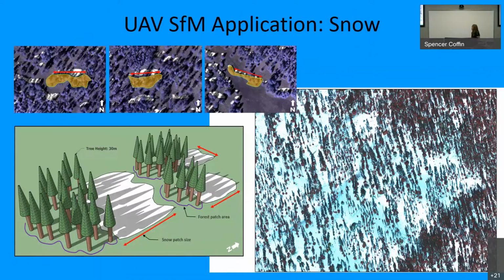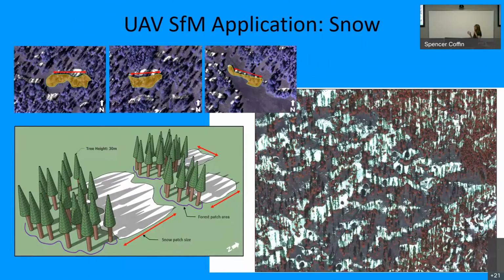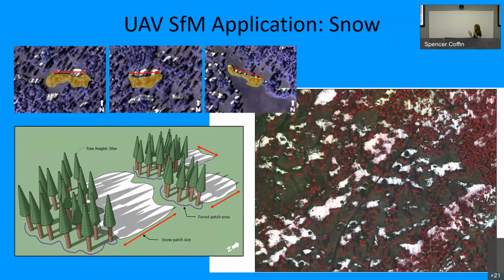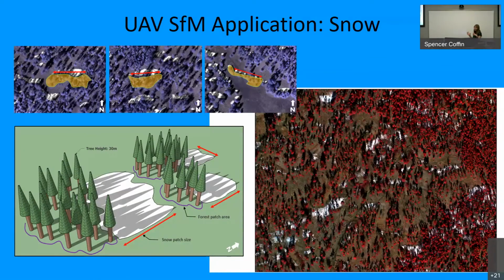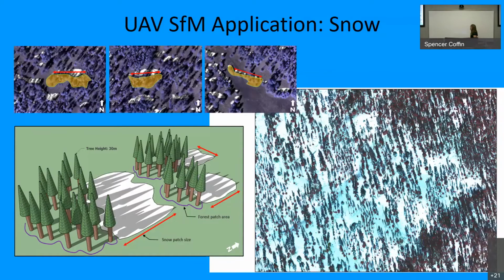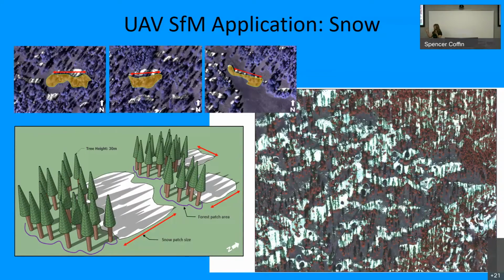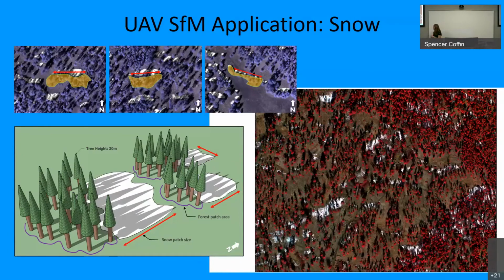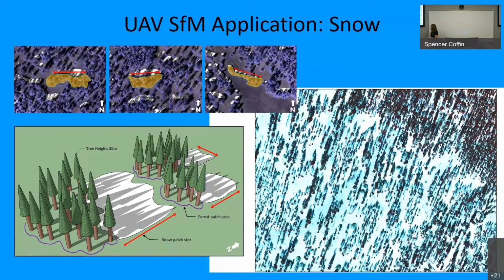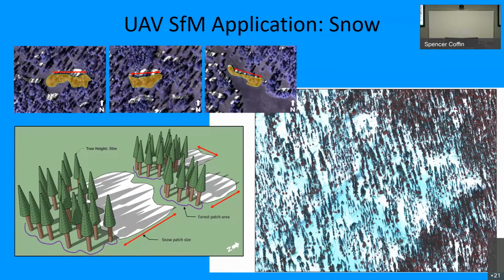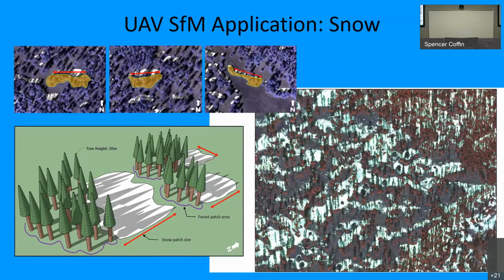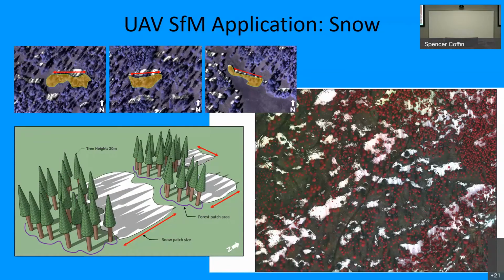Another important thing we're estimating is how the post-thinning forest structure is influencing snow on the ground. Of course, when we have very, very high density and high canopy cover in a forested environment, a lot of the canopy intercepts snow, and so you get less snow accumulation on the ground.